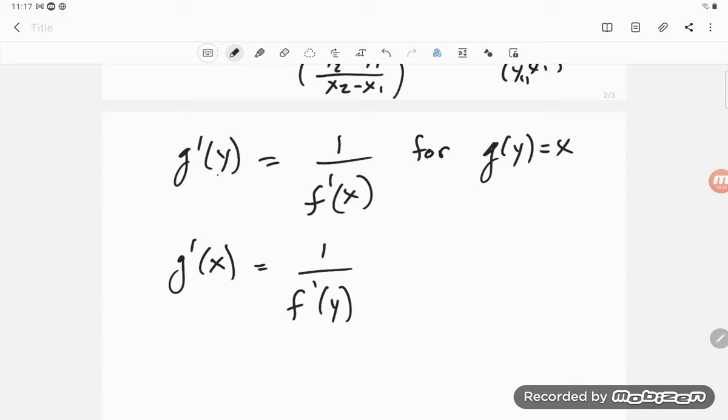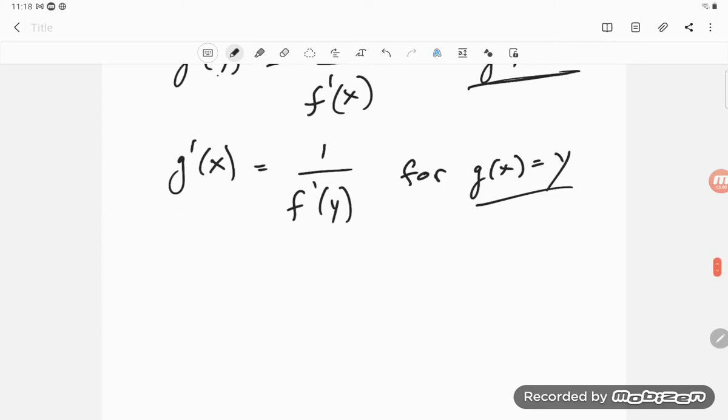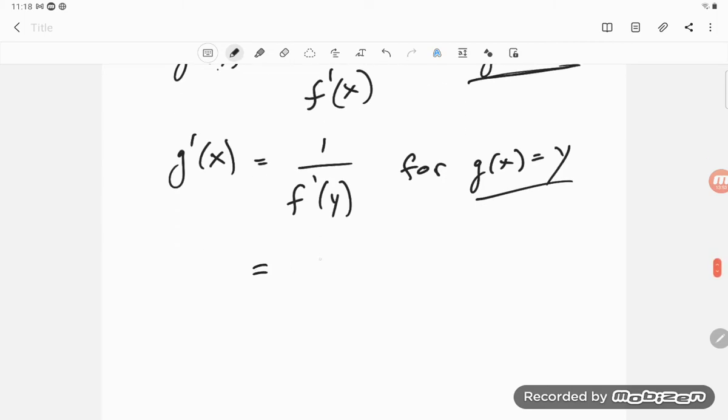But down here, I can say it instead here. So I had f of x equals y, which is true, but I wanted to state it more that way. And so here I'd rather switch those and say, oh, well, that's g of x equals y. And so then if I rewrite this, this is g prime of x is 1 over f prime of g of x.